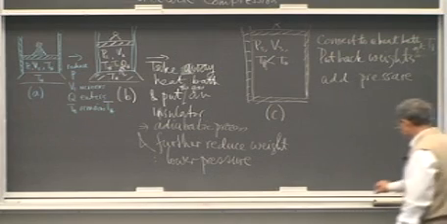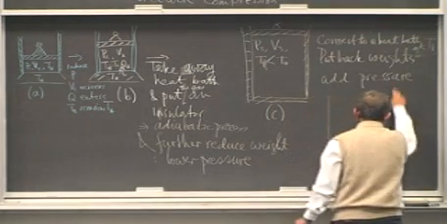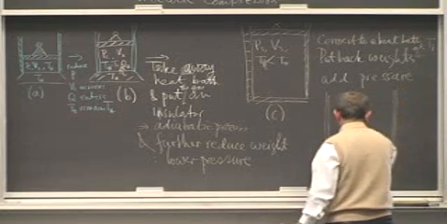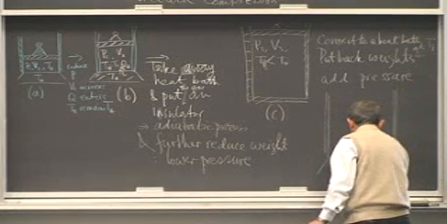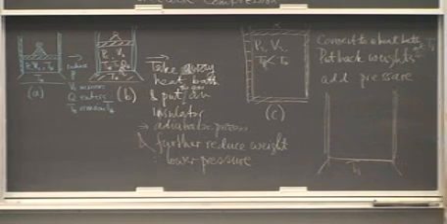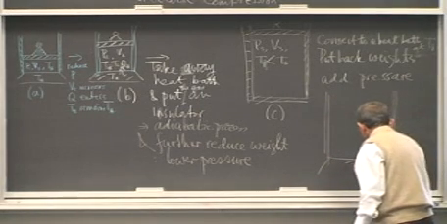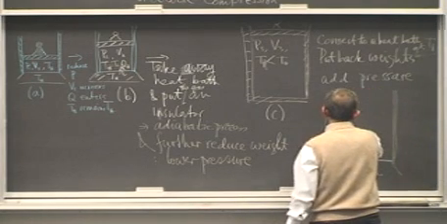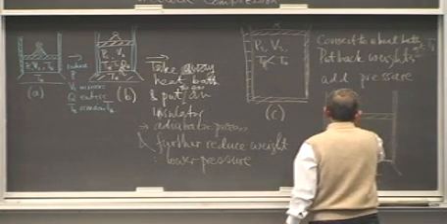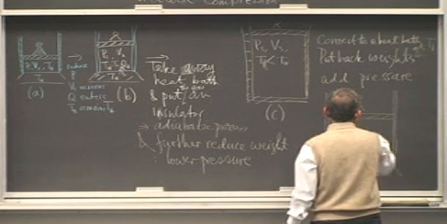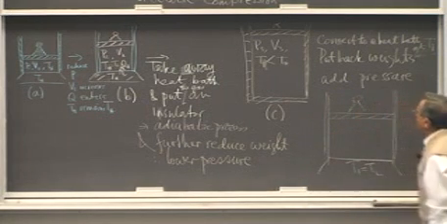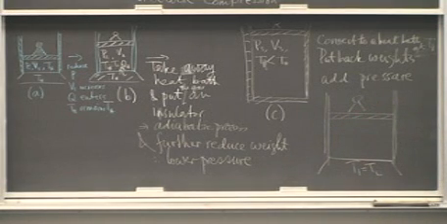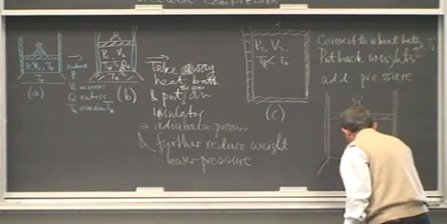So here you have now this system. Here you have a heat bath which is connected at temperature T1, and I call it TL also. And because I have put in more weight on top, I will push down the piston, and the volume will be reduced. And this is when you reach point D.